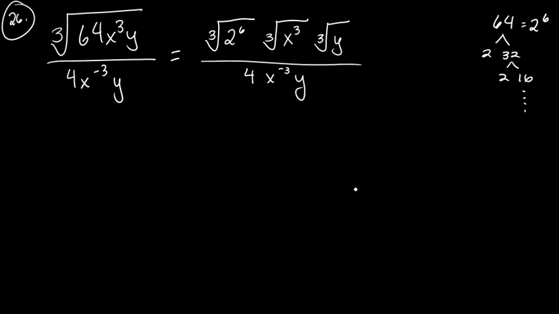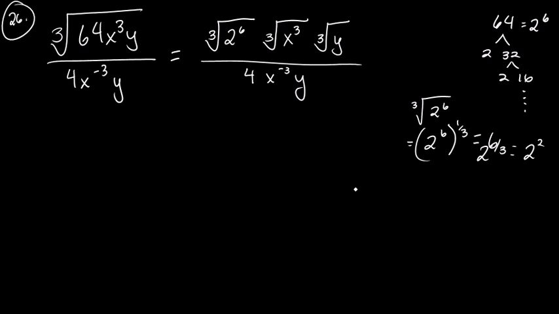If I look strictly at the third root of 2 to the 6th, that is 2 to the 6th to the 1/3, if I make it a fractional exponent, and 2 to the 6 over 3, which is 2 squared.